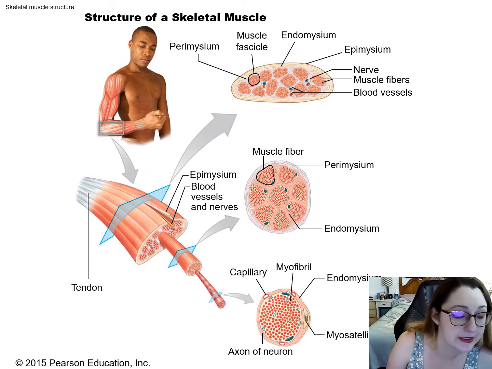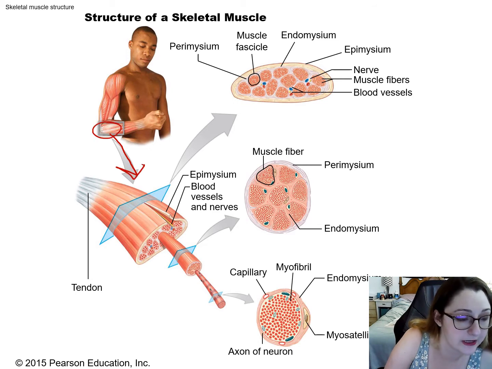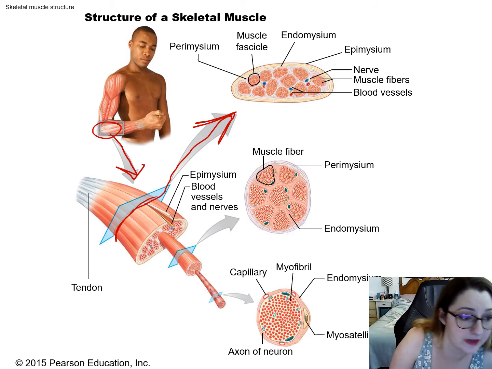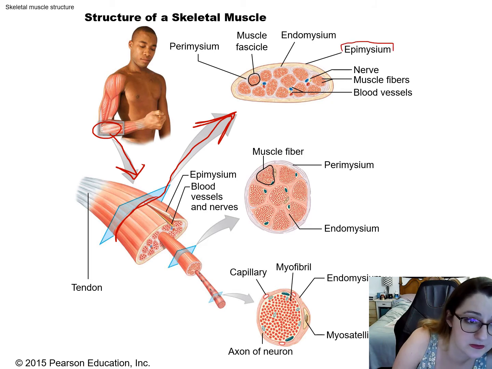So here we're going to have a muscle straight off our model right here, a little cross section. We are going to have that cross section turn towards us with this little graphic here. So what we can see is that the entire muscle that we're looking at is surrounded by the epimysium.